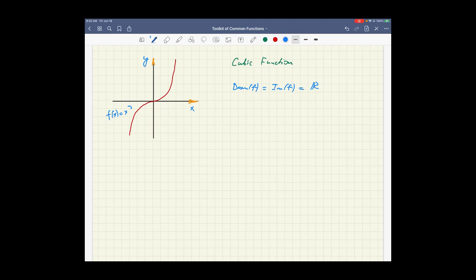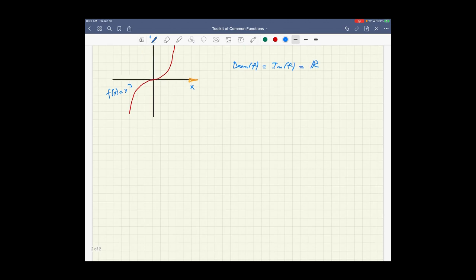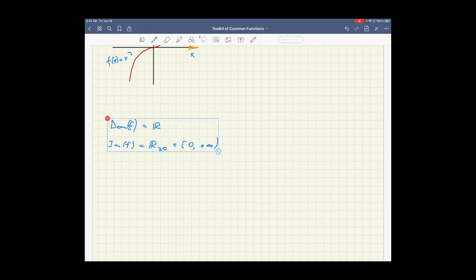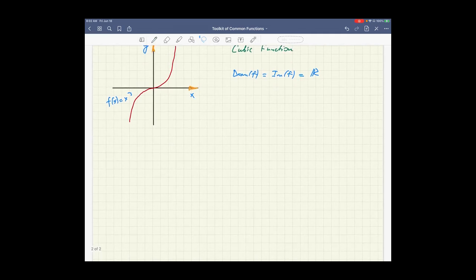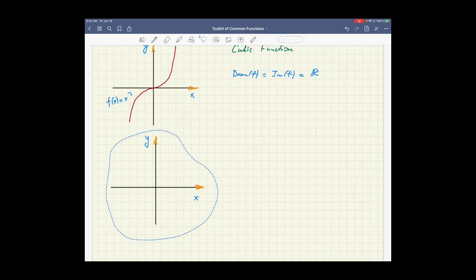All right, next is the hyperbola, the reciprocal function. Well, we already saw it. The graph is the two branches of the hyperbola.